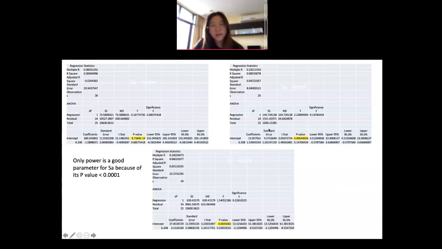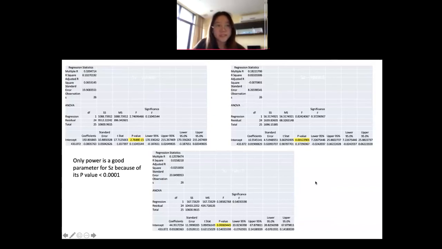The second one is with speed, which is 0.005, a lot greater than my standard p-value. And the last picture is 0.003, which is SA and the hatch. So from these three, only power is a good parameter for SA because of the lower p-value.